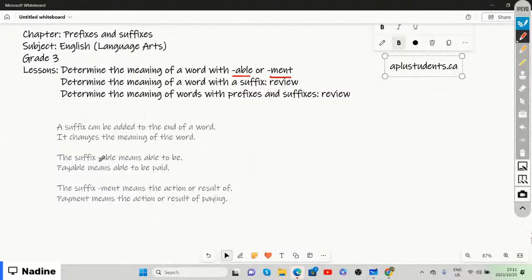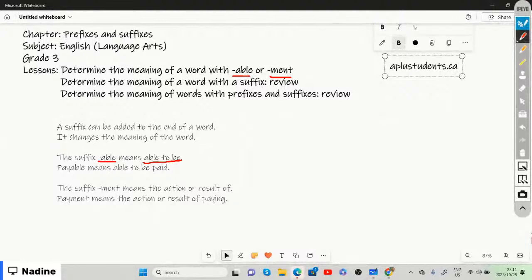The suffix able means the ability to, or you're able to. So able means you are able to be.